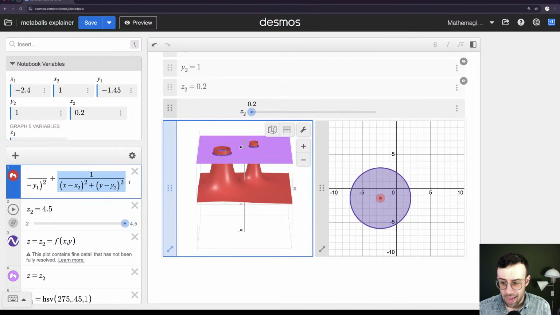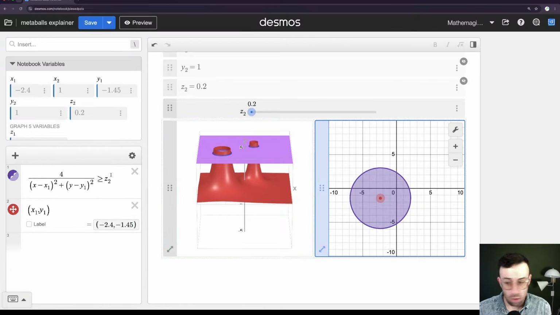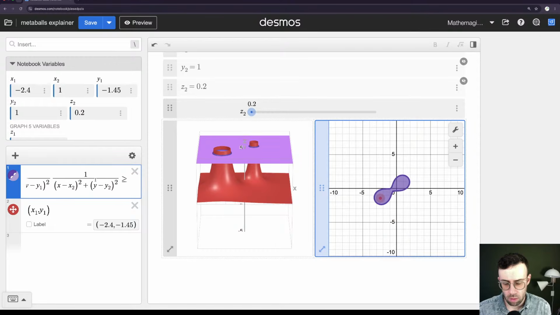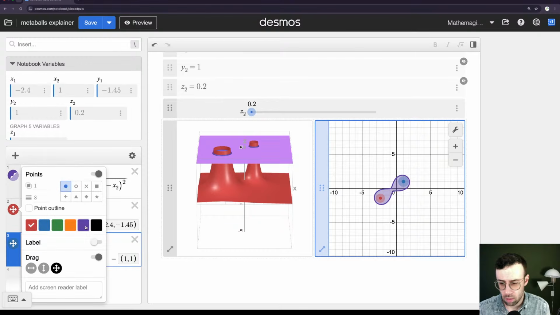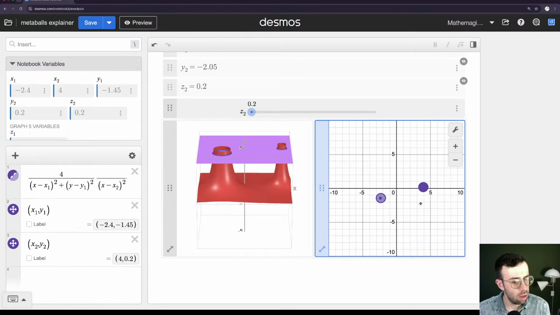Okay, and then if I add in that second part to my 2D graph, and I do x2, y2, and maybe I will keep these all purple. Sure.